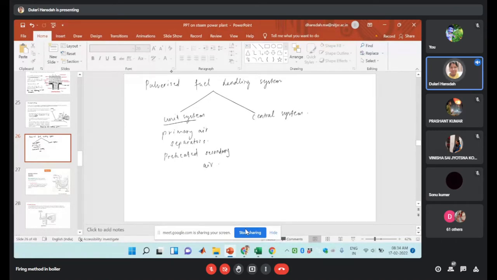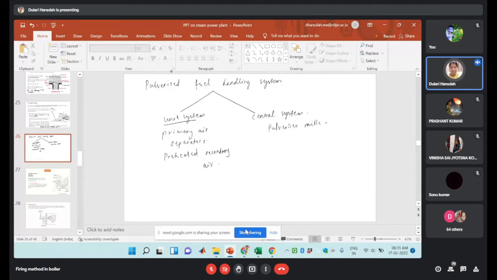Then we have the central system. Central system means in this case there will be pulverizer mills from which there will be a direct supply of the coal to the burner, and only a primary fan is used here.